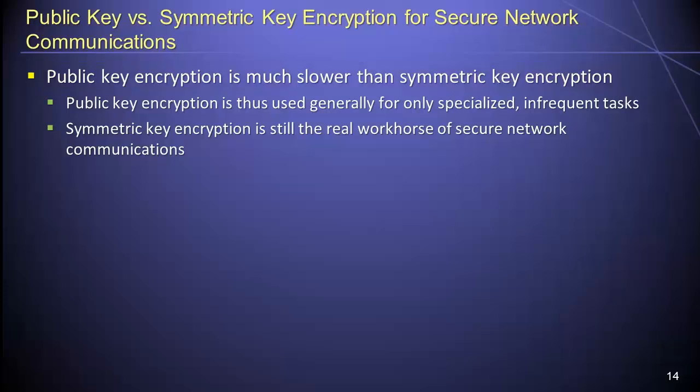For this reason, public key encryption is generally used only for specialized, infrequent tasks such as symmetric key exchange, digital certificates, and so forth. Symmetric key encryption, which relies upon efficient and secure algorithms such as AES, remains the real workhorse of secure network communications.